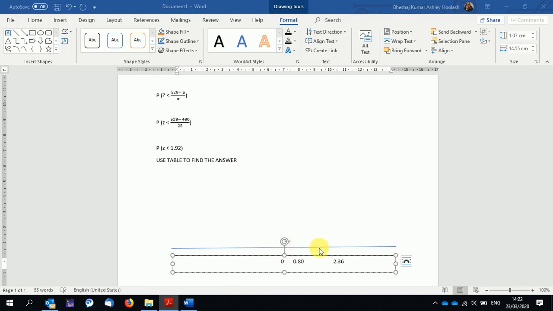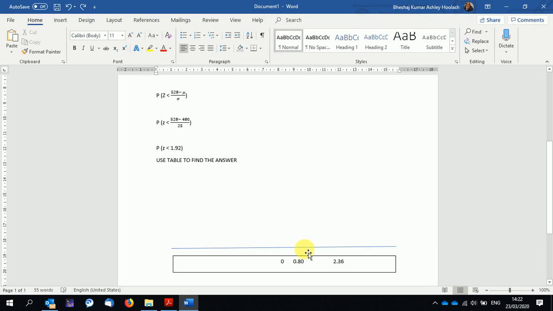So I want to find the area between these 2 points, between these two values here. So the way we did it in the class is let's find the area from here to here. So remember there is a bell shape, so from this area, and then subtract the one from here.